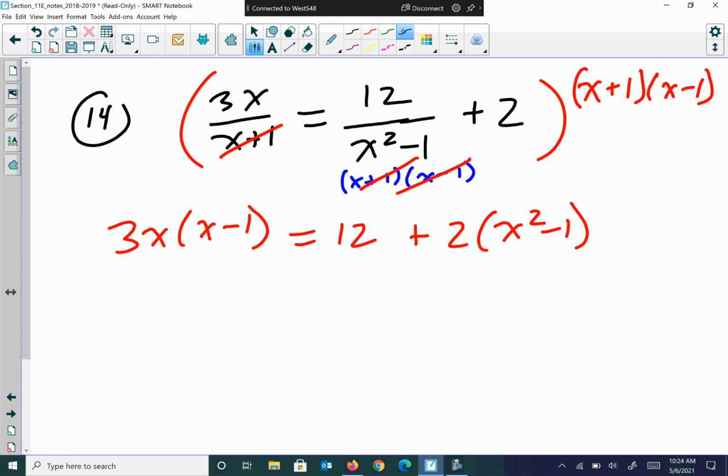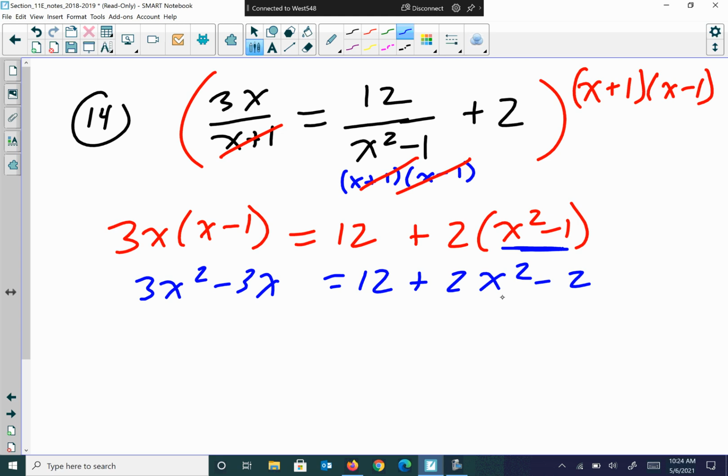All right. So I'll distribute over the parentheses, so I'll get 3x squared minus 3x equals 12. Distribute the 2. Are you okay that I made this back to x squared minus 1? Are you okay with that? Yeah. Okay. 2x squared minus 2. Let's move the 2x squared over, so I get x squared over here. So that's gone. Nothing there.